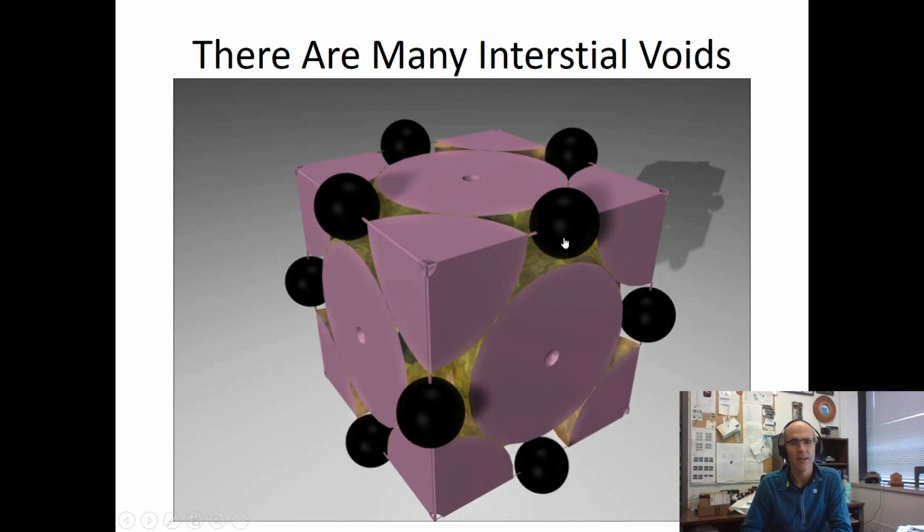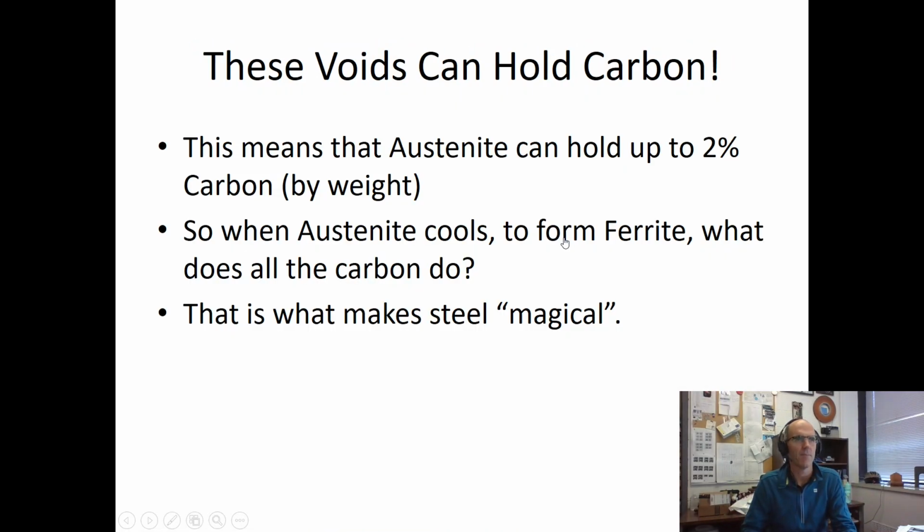But here, when we heat everything up, the carbon is able to diffuse evenly and shake around and fit itself into those voids. That's really important because there's space now for up to 2% carbon by weight to diffuse evenly throughout the steel and give you a uniform microstructure of 100% austenite when you're up at high temperatures.